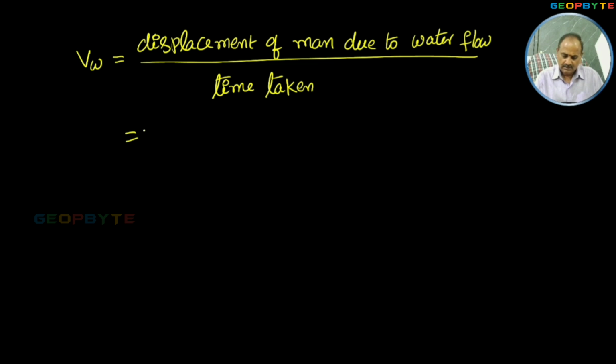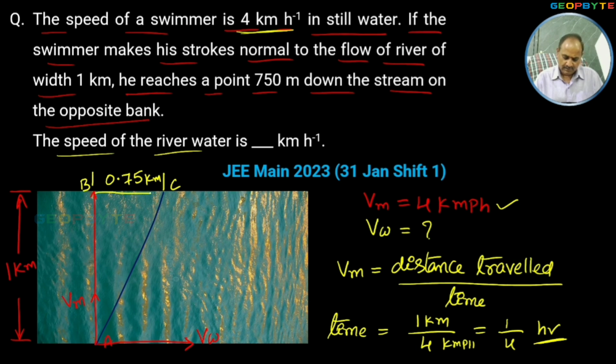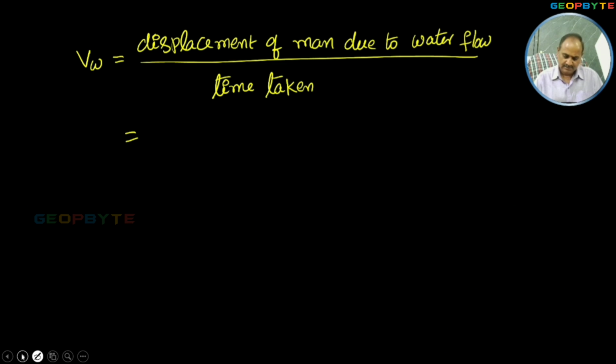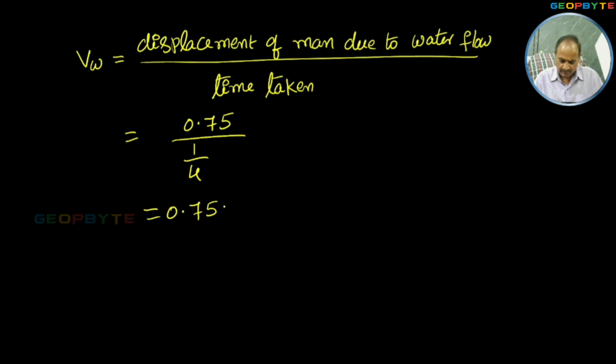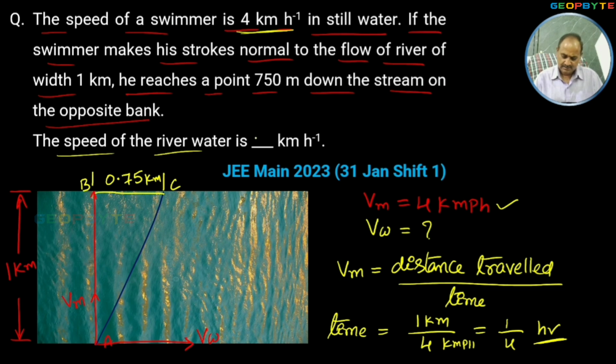It is given that the displacement of the man due to river water flow is 0.75 kilometers. So 0.75 divided by the time taken, 1 by 4, is equal to 0.75 into 4, which is 3 kilometer per hour. That is the answer: 3 kilometer per hour.